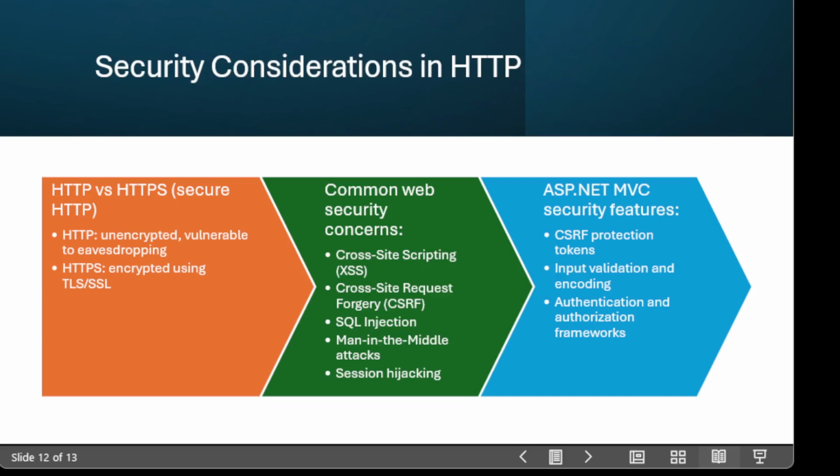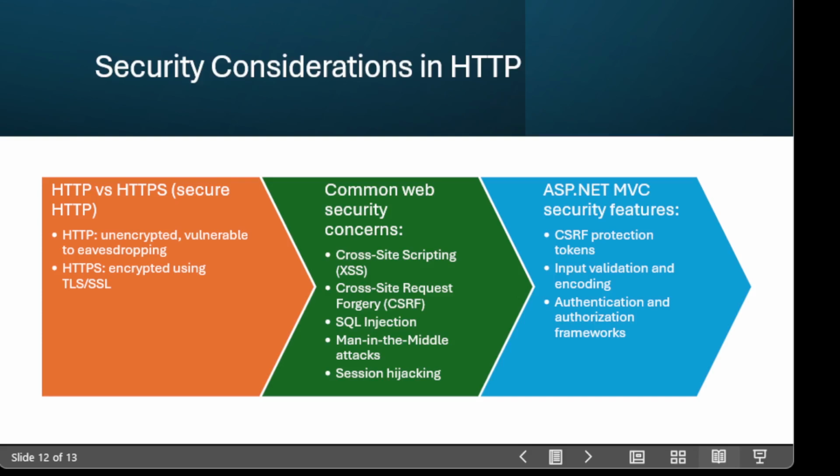HTTPS addresses this vulnerability by encrypting communications using TLS, Transport Layer Security, or its predecessor SSL, Secure Sockets Layer. Always use HTTPS for production applications, especially those handling sensitive user data.